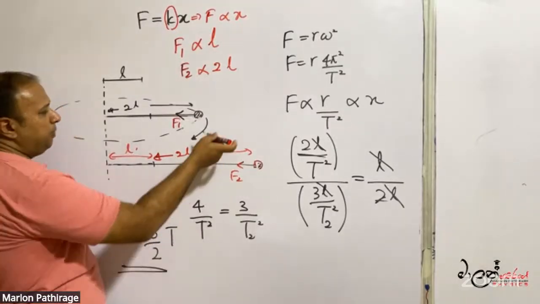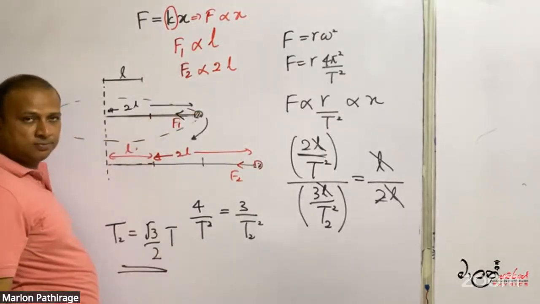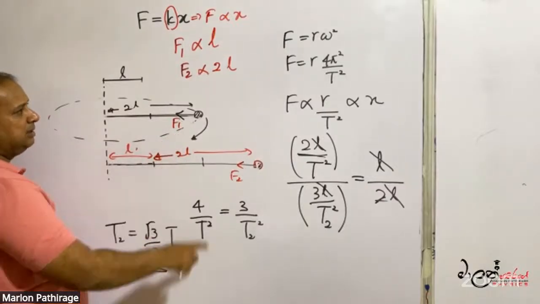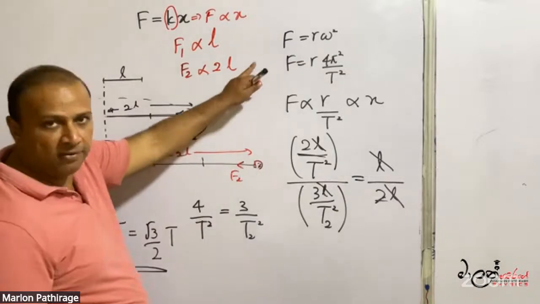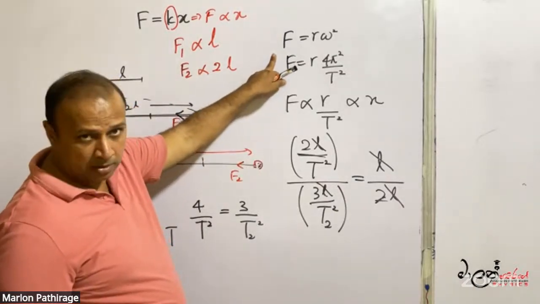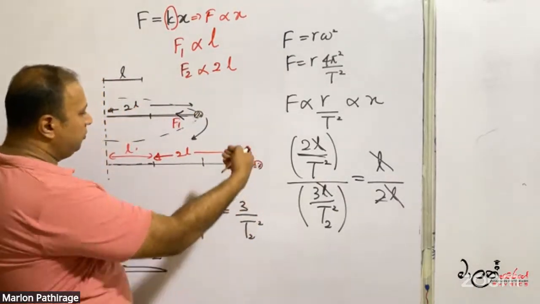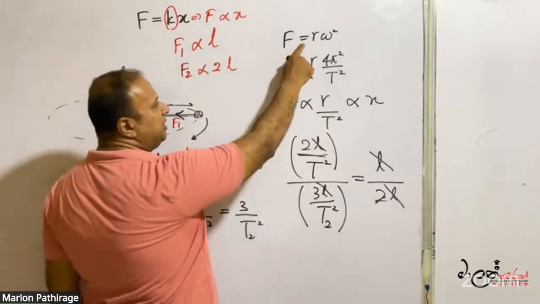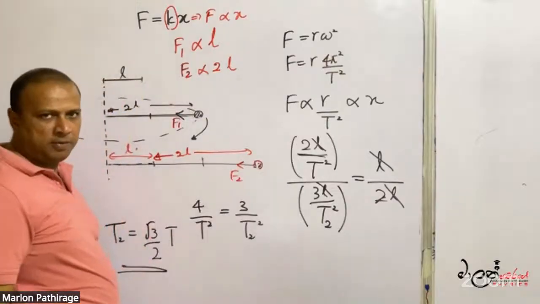You have to apply F equals ma in this direction. This is the centripetal force. Centripetal force is equal to m r omega squared.